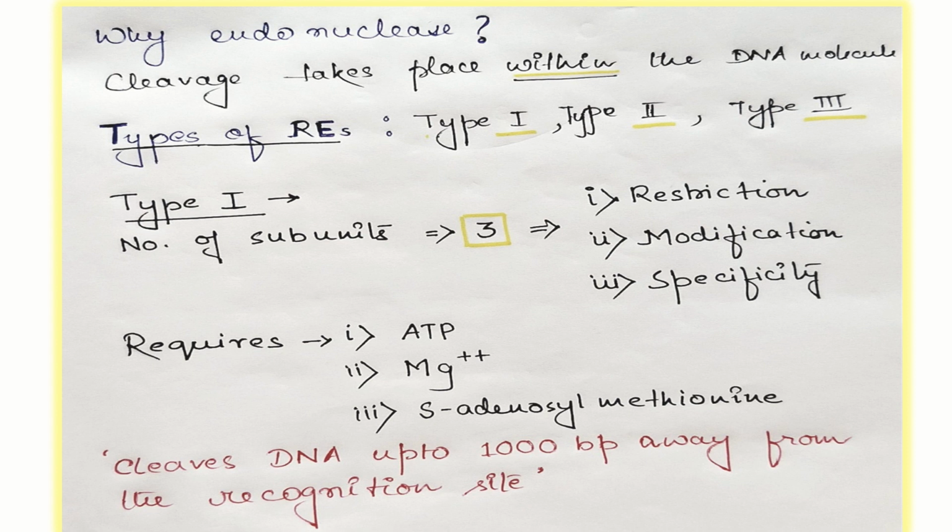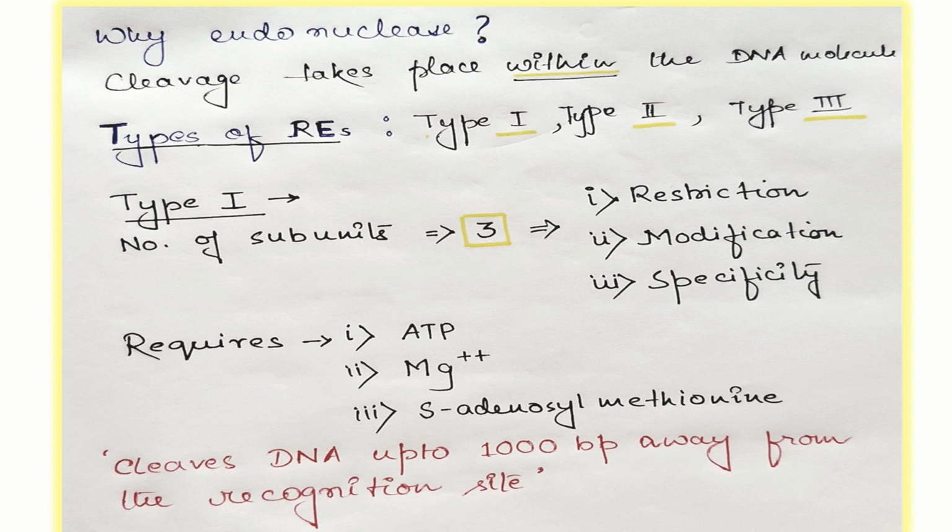Now we'll come to the various types of restriction enzymes. There are normally 3 types of restriction endonucleases which we study. These types are denoted with Roman numerals 1, 2, and 3.